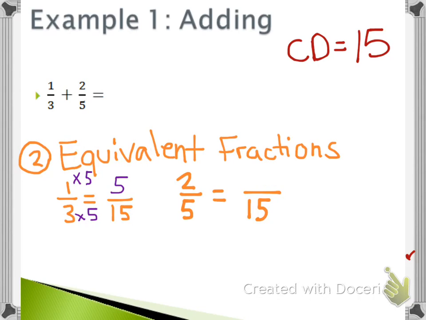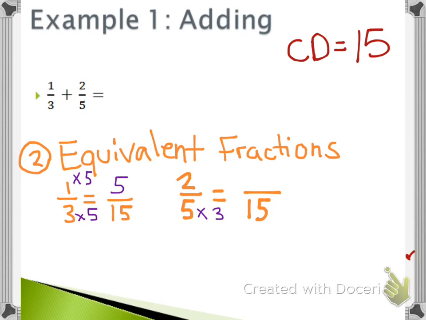And so I asked myself the same question as I asked about the 3 in 1/3. I need to figure out, what do I do to the 5, or the denominator in 2/5, to get 15, or the common denominator in my equivalent fraction? And it turns out I need to multiply the 5 by 3 to get 15.